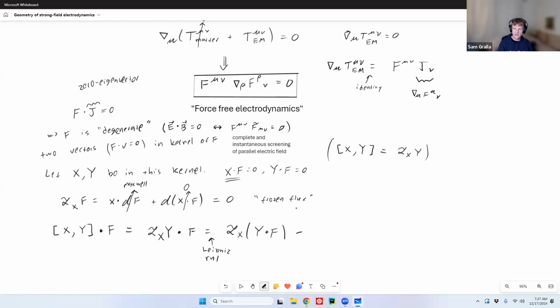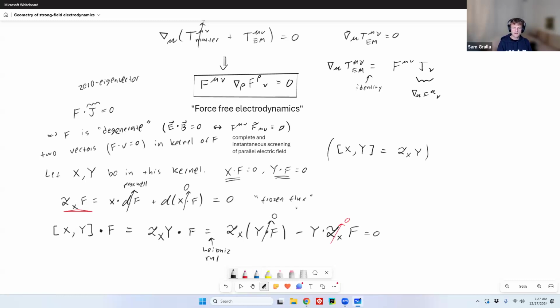So Lie x of y dot f, and then we have to subtract off the one that we didn't do, Lie x of f. But I've assumed that y dot f is 0. That's just by assumption; these are vectors in the kernel. And what do we have here? We have Lie x of f, but I proved that Lie x of f is 0 already. That was this equation.